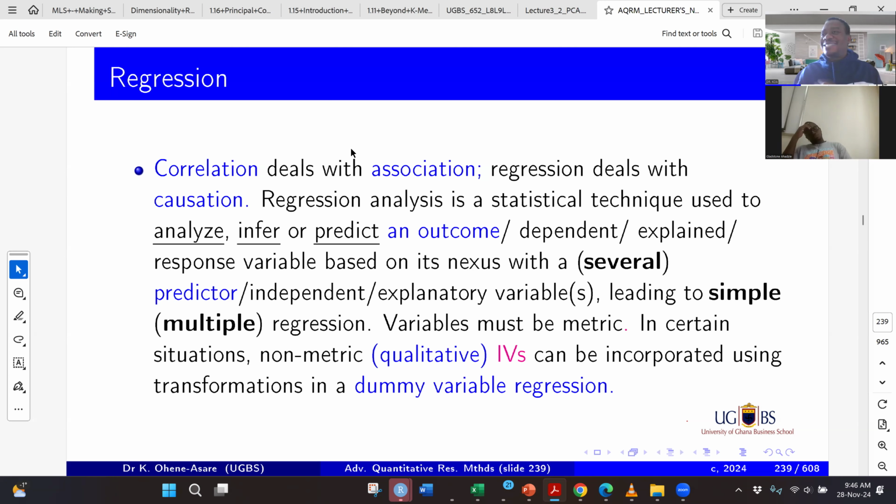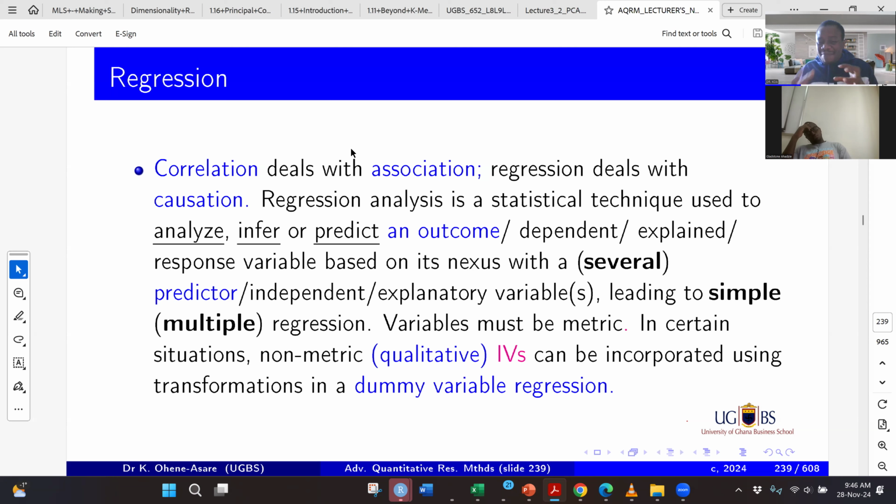Regression uses statistical measures to analyze, infer, and predict a dependent variable, and how that dependent variable is related, the nexus. The nexus here means linkage.